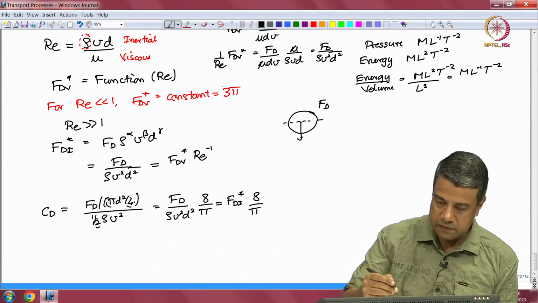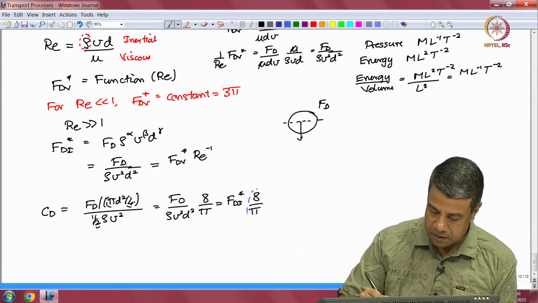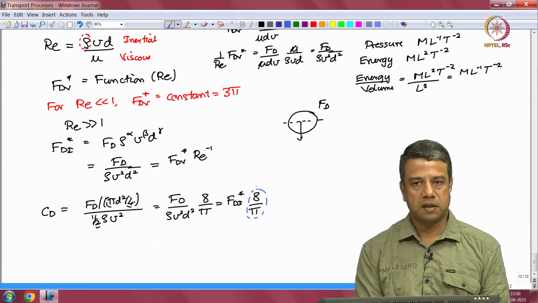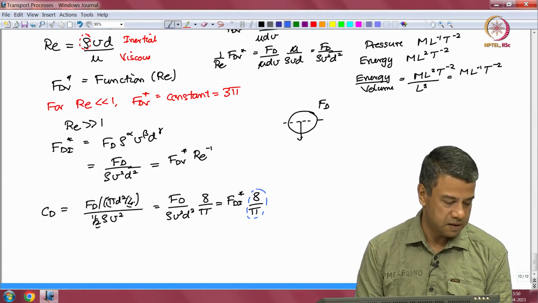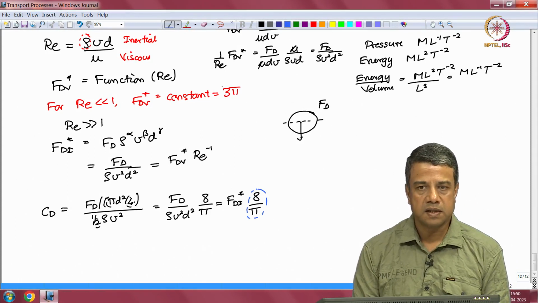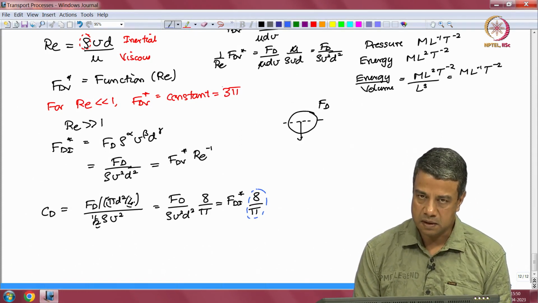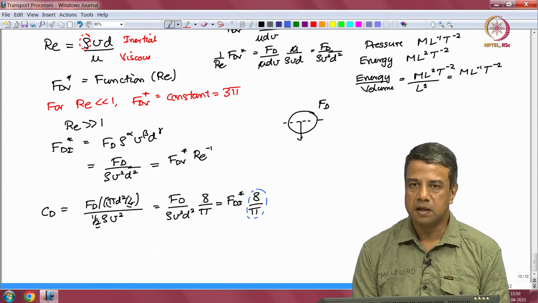So, within this constant factor of 8 by pi, the drag coefficient is the same as the drag force scaled by inertial effects.